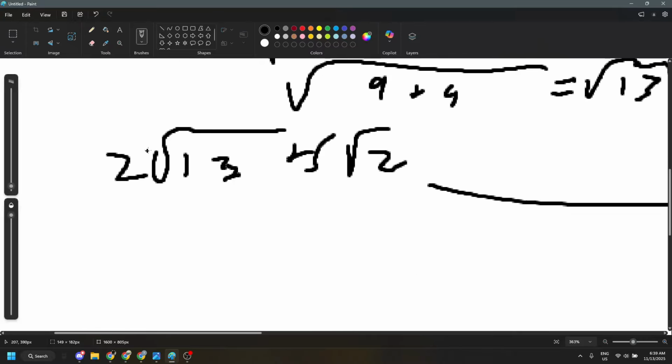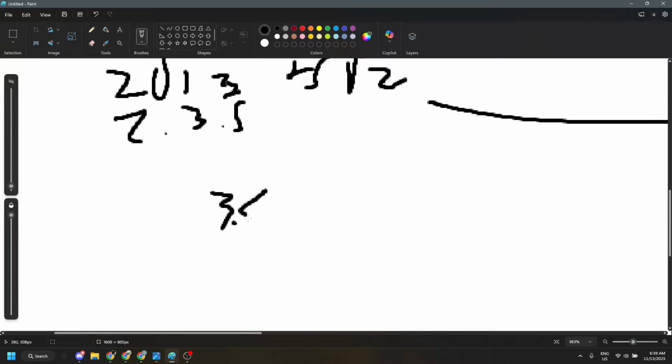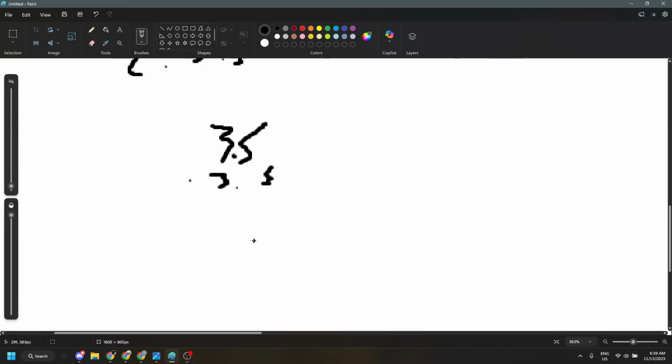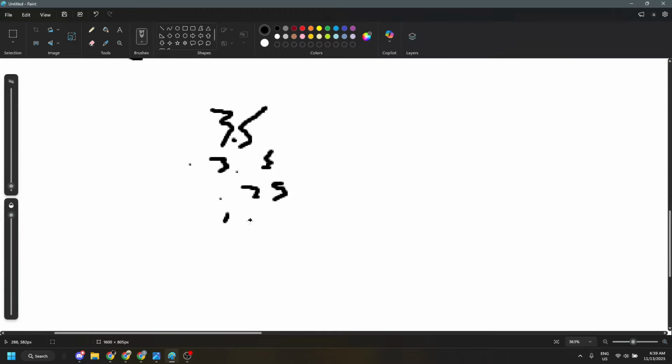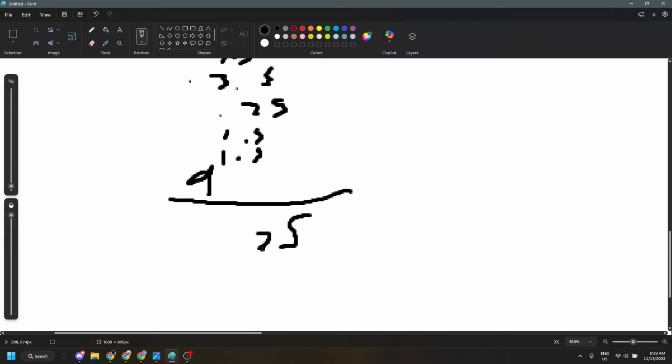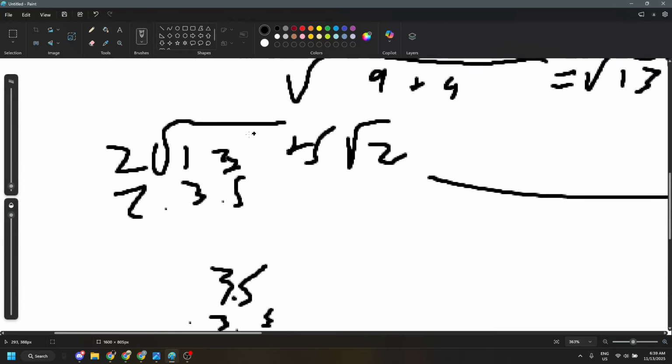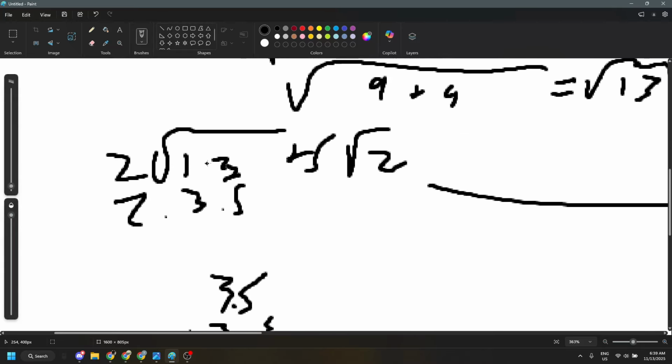Let's find a decimal representation for this. So this is 2 times, it'd be about 3.5, right? 3.5 times 3.5 would be about 12.25, so about 3.5.